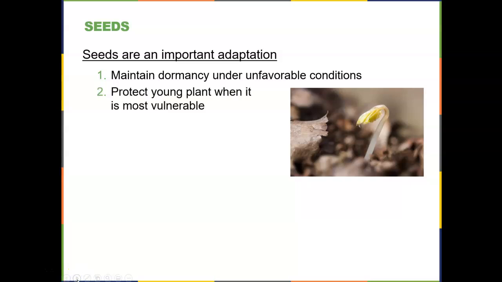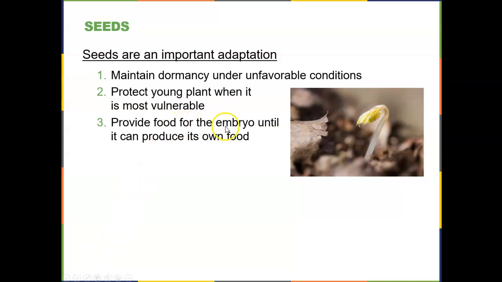Additionally, the seed has that seed coat, and it's going to protect that young plant embryo during the time until it can start to grow. It's going to provide food from the endosperm, and it's going to help disperse the embryos so that they can travel far from their parent plant.